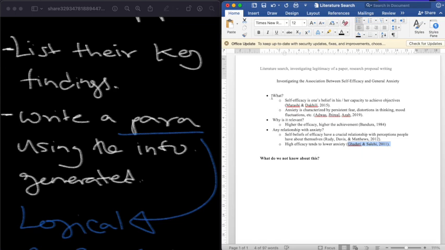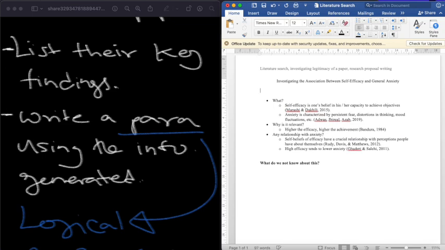Now using this information, let's try to write a paragraph. Now I might not have the capacity to develop the nicest paragraph from my first attempt itself, but let's give it a try.